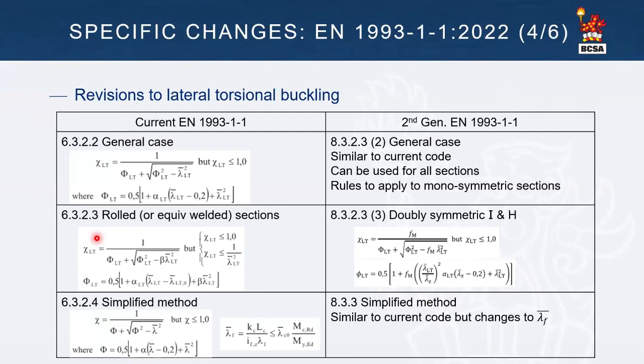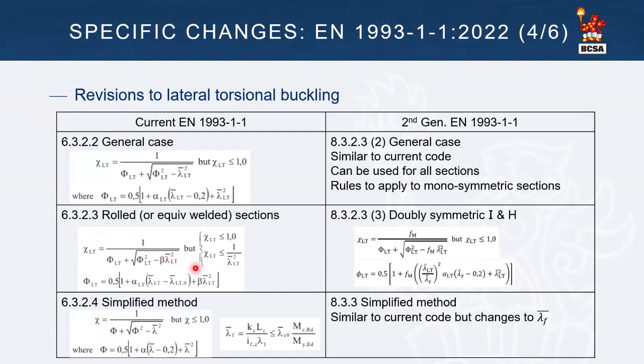The comparison of the available test data with predictions of the resistance using gamma M1 equal to 1 concluded that only the rolled sections would satisfy the reliability requirements, and therefore the UK National Annex considers welded sections as part of the general case.